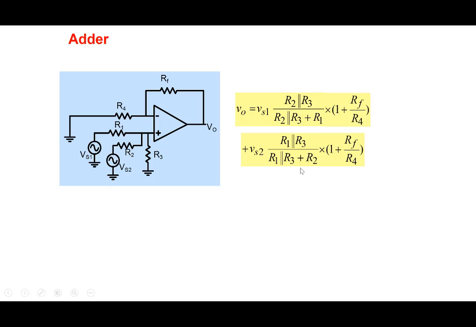Except that this particular equation is a little bit messy, and sometimes we use the words high entropy expression, entropy in the sense of disorder. So it's a highly disordered expression. I mean, it's better than the expression that we would get by mesh and nodal, but it's still disordered.